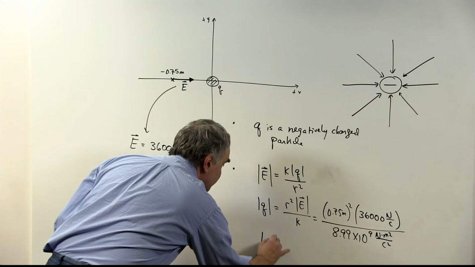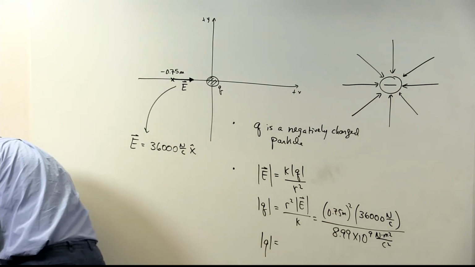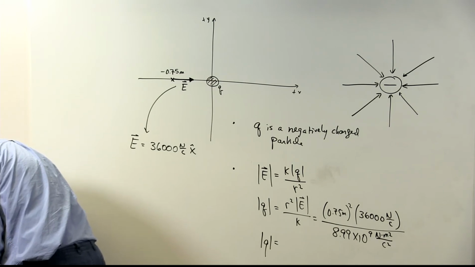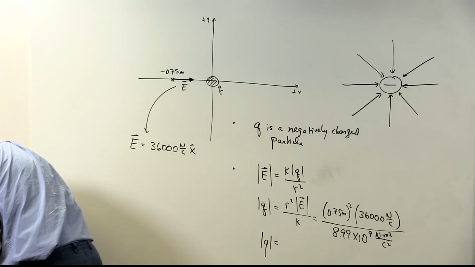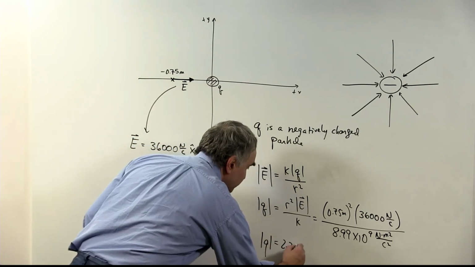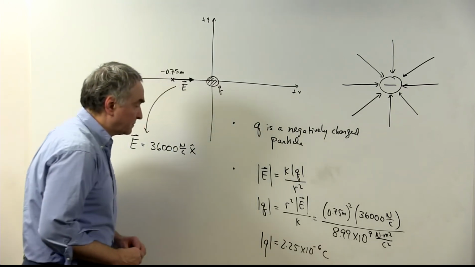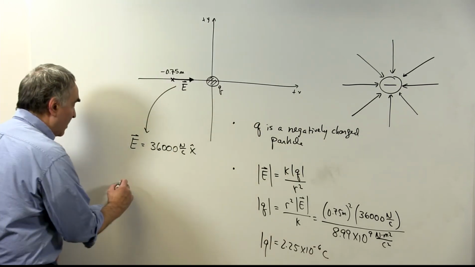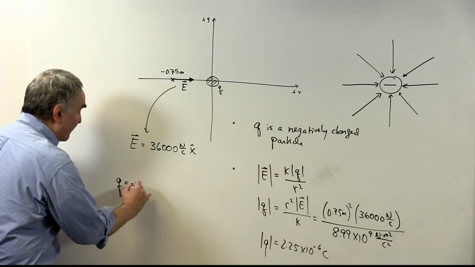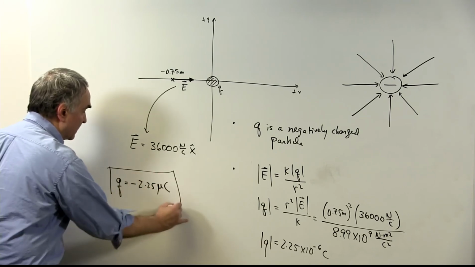When we plug that into the calculator, the magnitude of the charge comes out to be 2.25 times 10 to the minus 6th coulombs. So the charge is minus 2.25 microcoulombs.